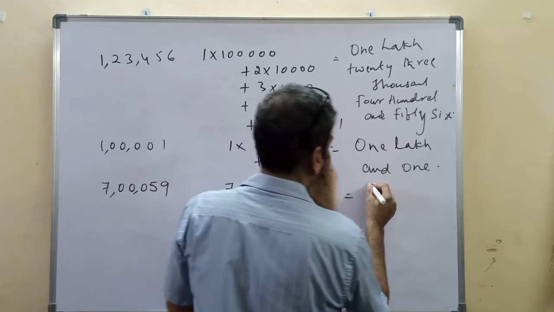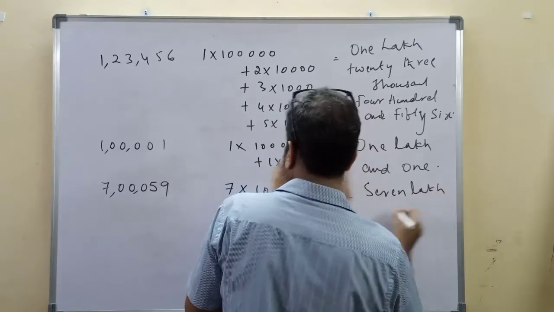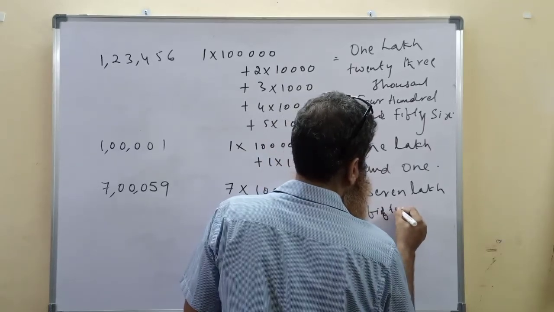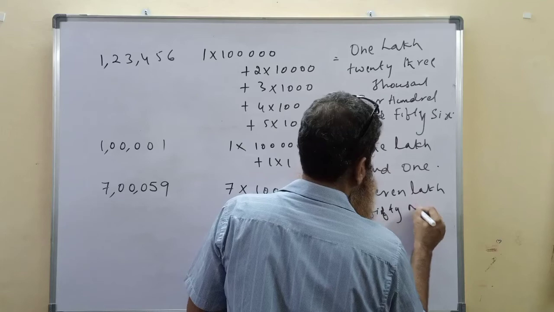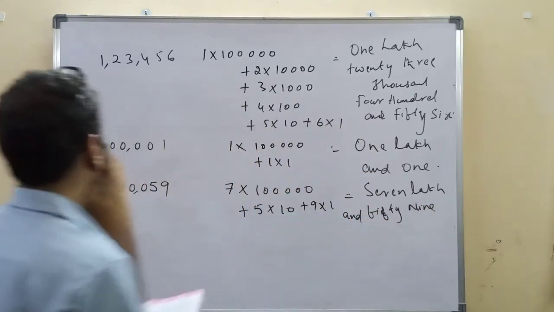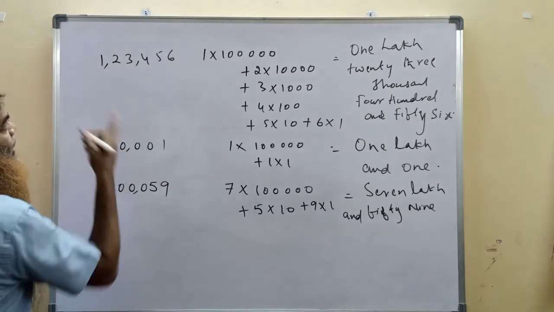We have 7 lakh fifty nine. 7 lakh and 59.